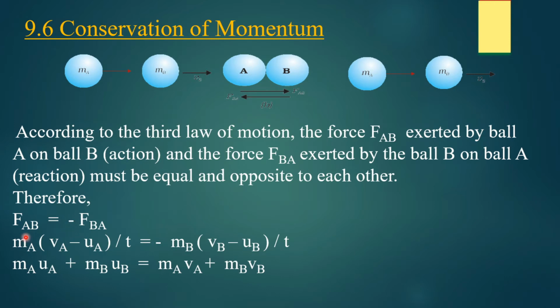Now force is equal to mass into acceleration according to the second law of motion. But what is acceleration? It is the rate of change of velocity. So mA into (vA minus uA) upon t is equal to minus of mB into (vB minus uB) upon t, which comes out as mAuA plus mBuB is equal to mAvA plus mBvB.